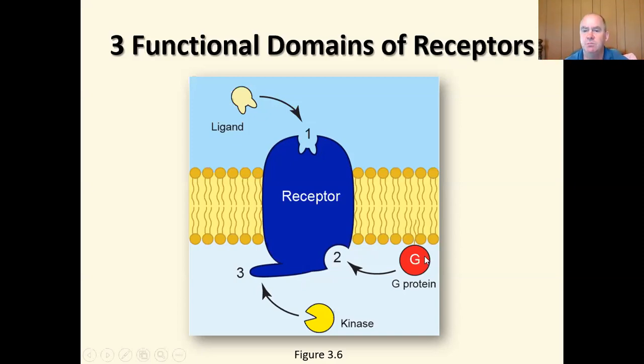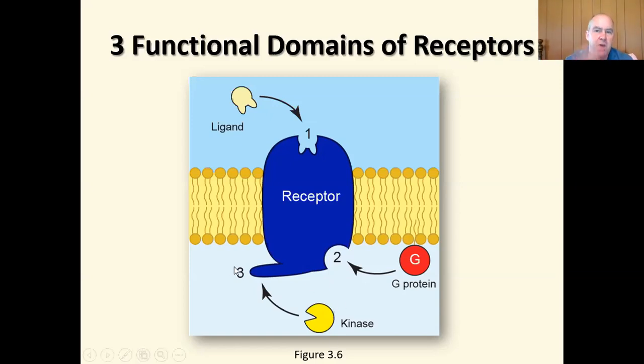Usually it's going to activate a G protein, and then the G protein will do something. So binding of the ligand to the receptor changes the conformation of the receptor, and that turns on this G protein. As a shorthand, I'll say it activates the receptor. So the drug binds to the receptor and activates it. Basically, it's changing its conformation, so now it interacts with something on the inside.